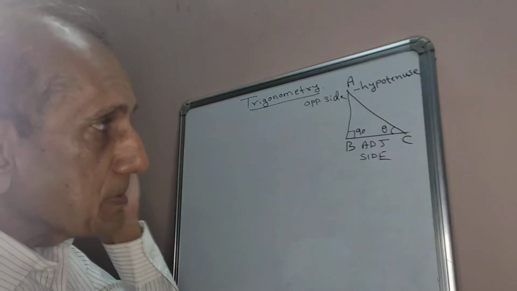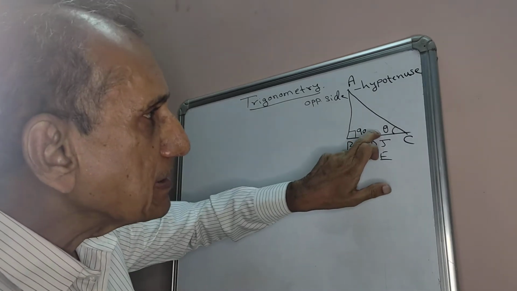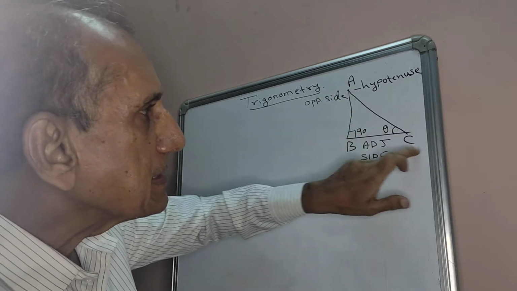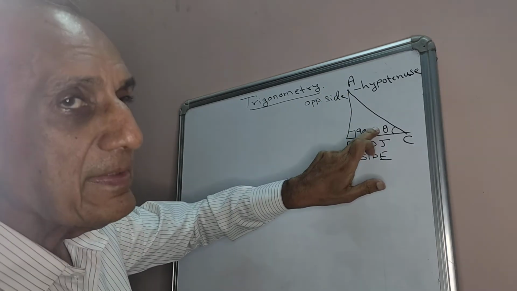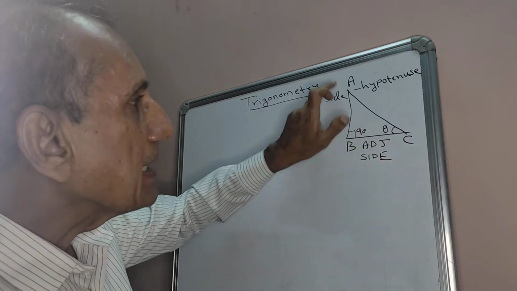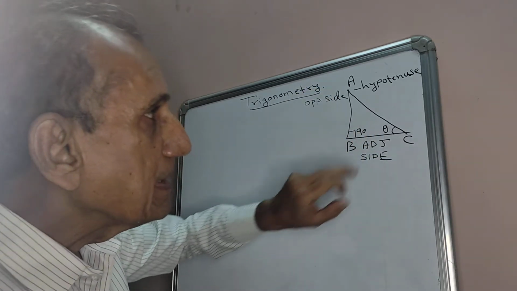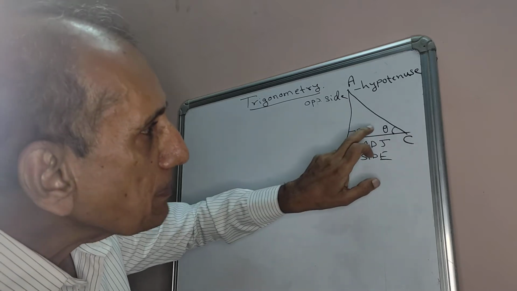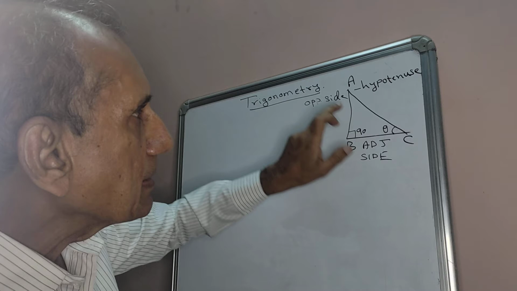Okay, so now we know what is an opposite side: the side opposite to the angle theta. Angle ACB is given the name theta. Angle ABC, angle B is 90. Now the side lying exactly opposite to theta is called the opposite side.